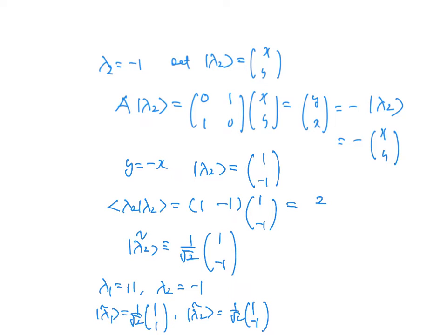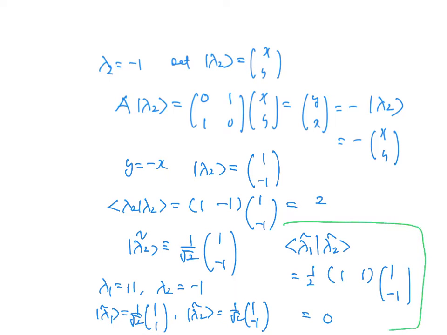So the inner product of lambda 1 tilde and lambda 2 tilde is 1 half times (1, 1)·(1, -1), which is 0, right? So they are orthonormal. And I don't have to repeat because I already have shown that this satisfies the spectral theorem.